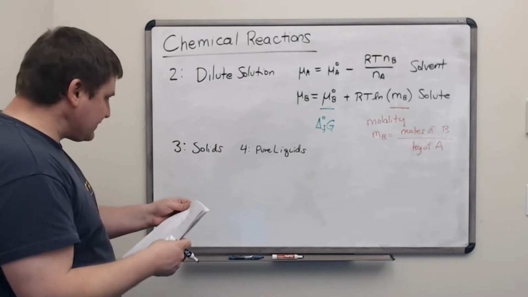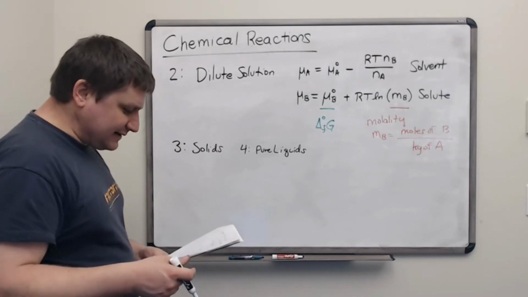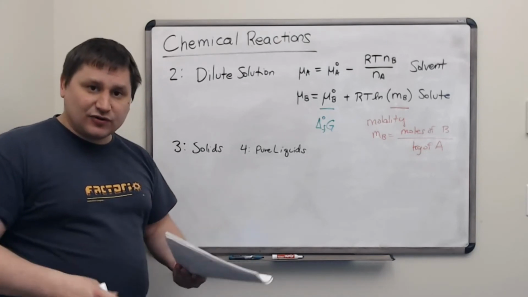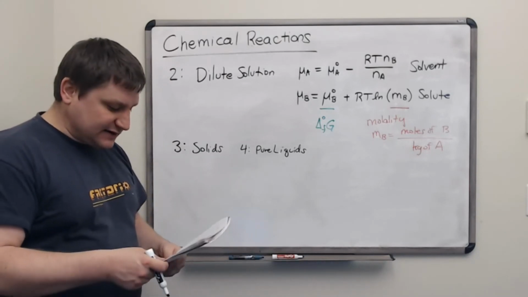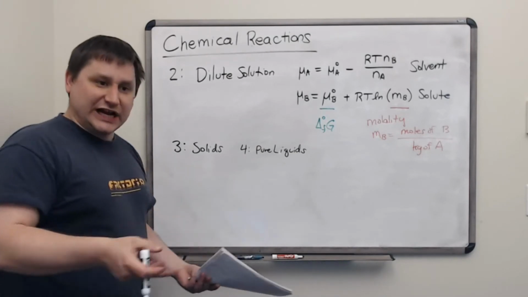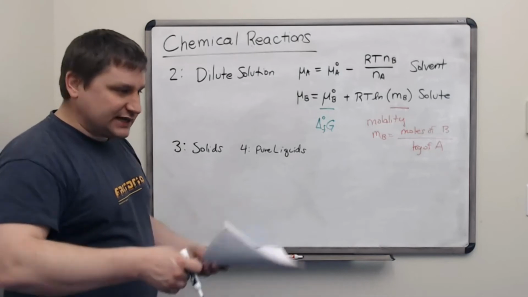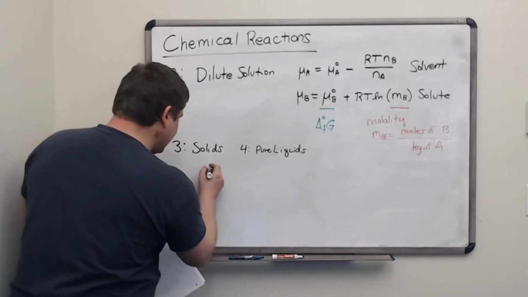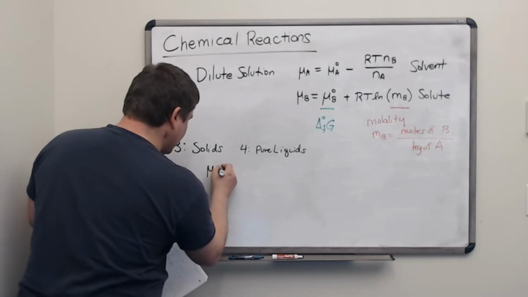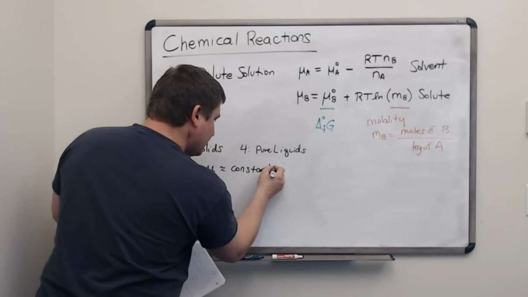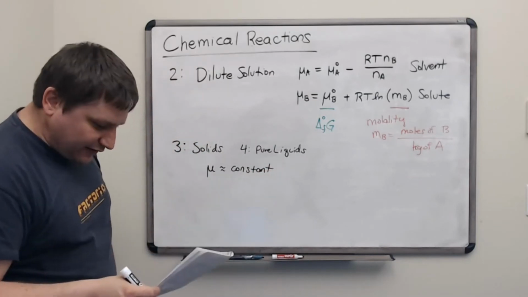So the thing about solids and liquids is that they mostly have a constant volume and they mostly have a constant entropy content. Of course, these change a little bit as you compress them or heat them up. But for the scale of the reactions, those terms are not very important.